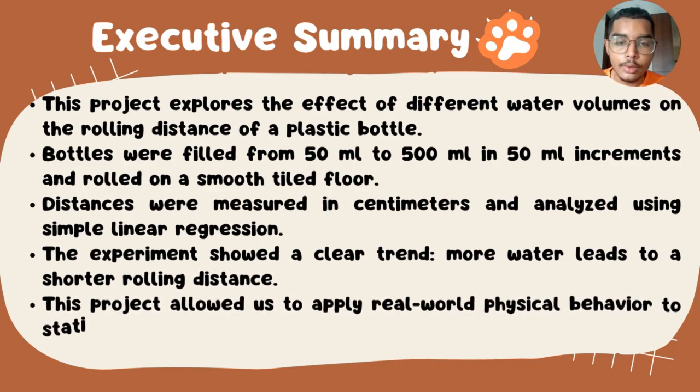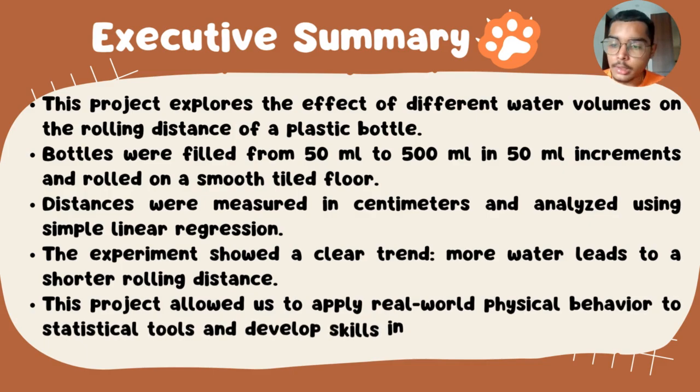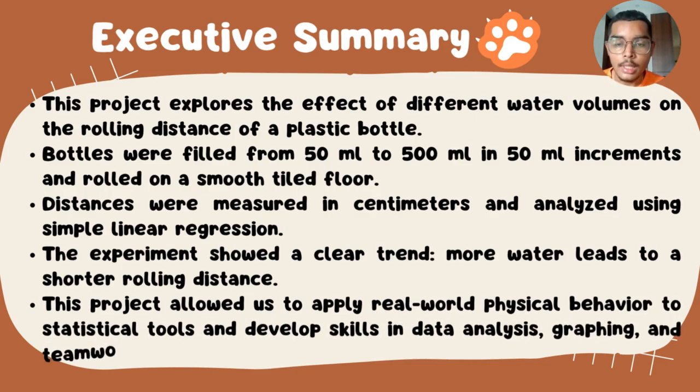This experiment showed a clear trend: more water leads to shorter rolling distance. This project allowed us to apply real-world physics behavior to statistical tools and develop skills in data analysis, graphics, and teamwork.